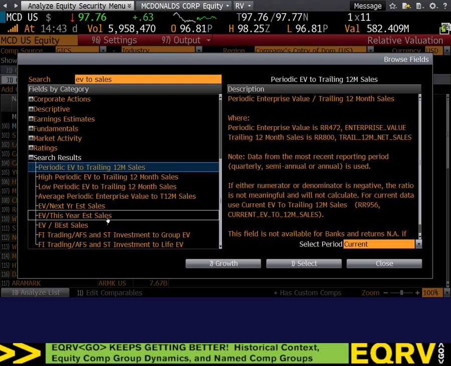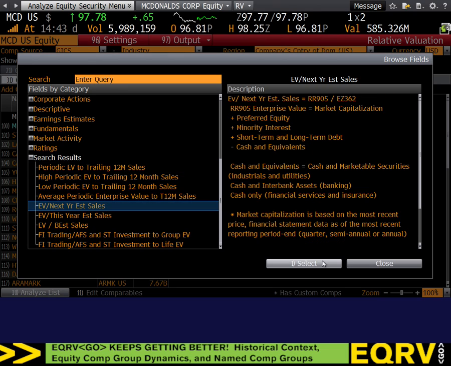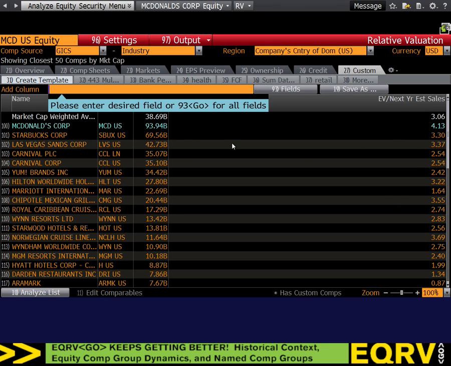Bloomberg already has fields called enterprise value to next year's sales and enterprise value to this year's sales, because they know the pros are looking at forward year 1 and forward year 2, so they already have custom fields for them. Estimated this year's sales is 2015. Estimated next year's sales, 2016. FY1, FY2. In this case, we want next year's sales, which is FY2. Select.